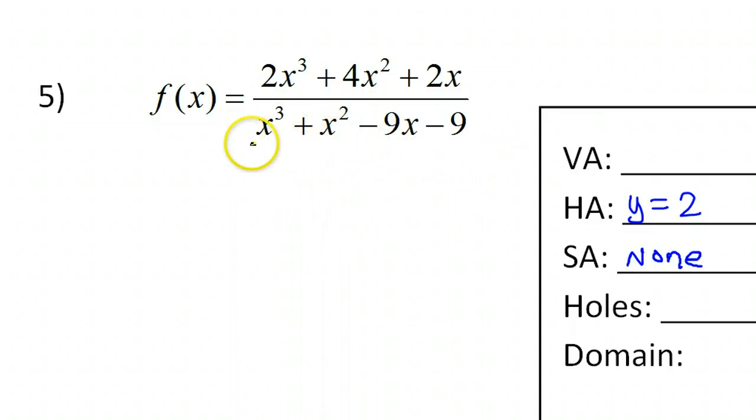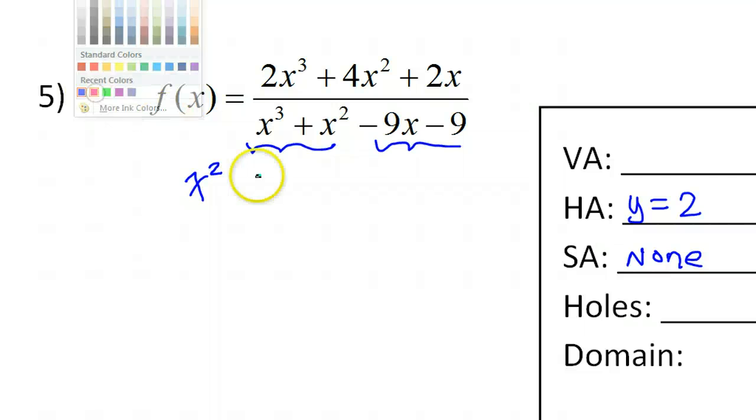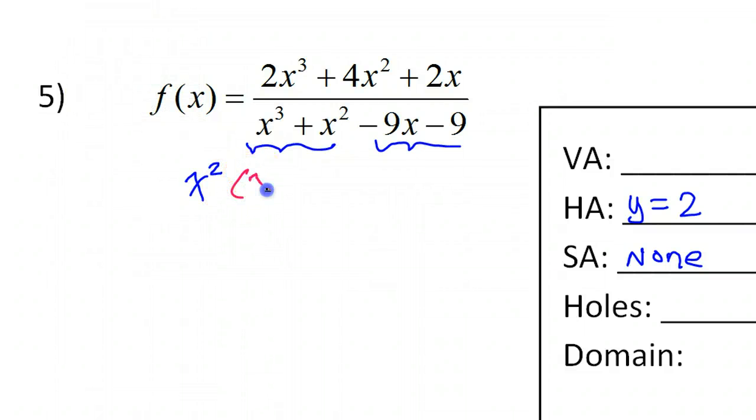Now, factoring. Looking at this bottom part, grouping is about to jump off. Anytime you see 4 terms, think about grouping. If I look at the first 2 terms, GCF is x squared. So if I pull away the x squared, that's going to leave behind x plus 1.